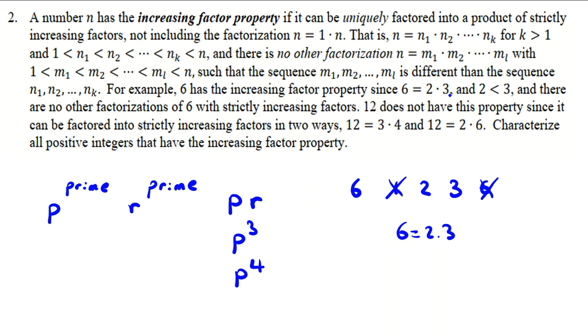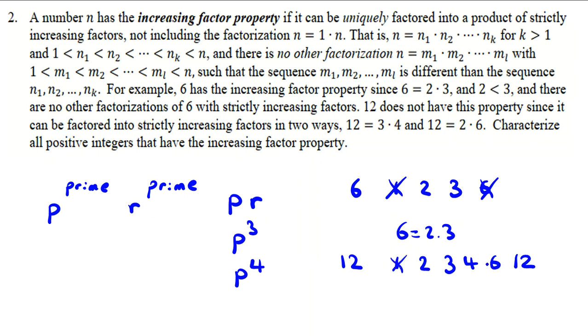Let's read the rest of that. The problem explains here that there is no other factorization of 6 with strictly increasing factors. Now 12 does not have this property since it can be factored into strictly increasing factors in 2 ways. So when you want to consider 12, you write the divisors 1, 2, 3, 4, 6, 12.